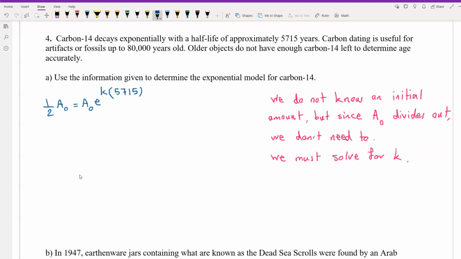What we have here, 1 over 2 times A sub 0, is equal to A sub 0 times e to the power of k times t, where t is 5,715. Divide by A sub 0 on both sides. So we have 1 over 2 is equal to e to the power of 5,715 times k. Now use natural log on both sides.